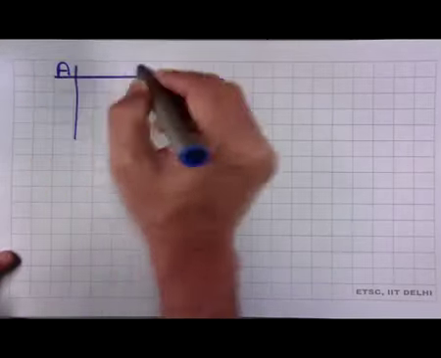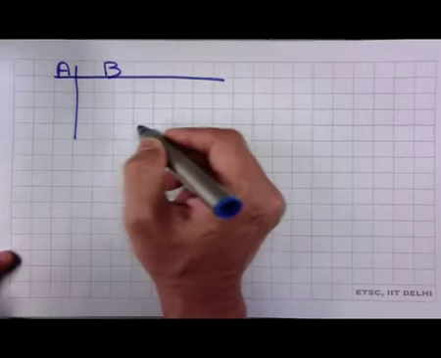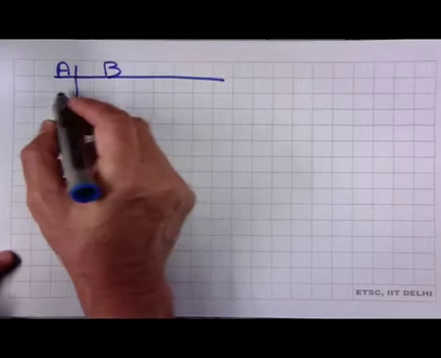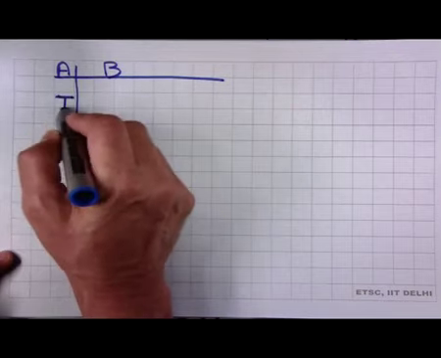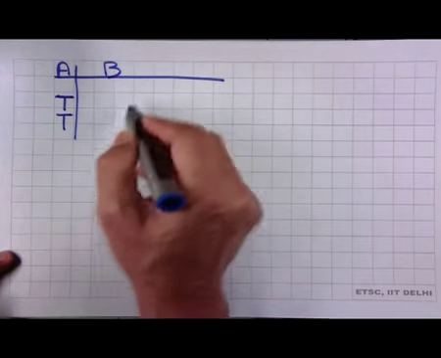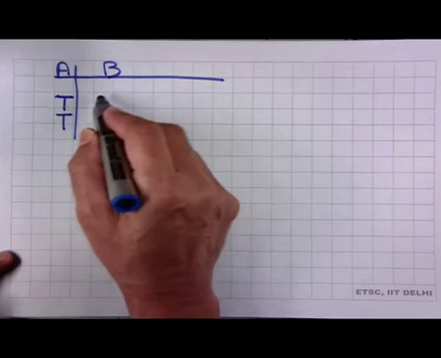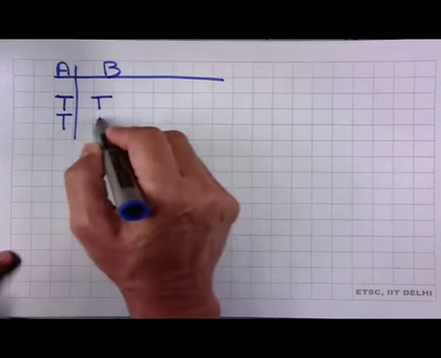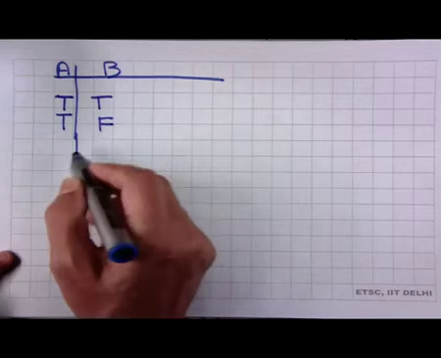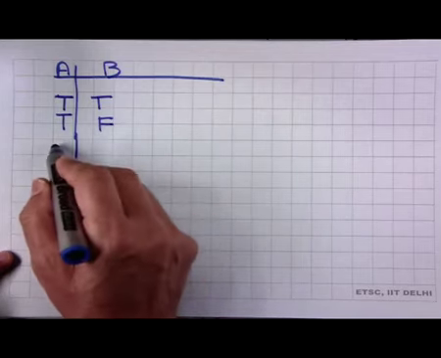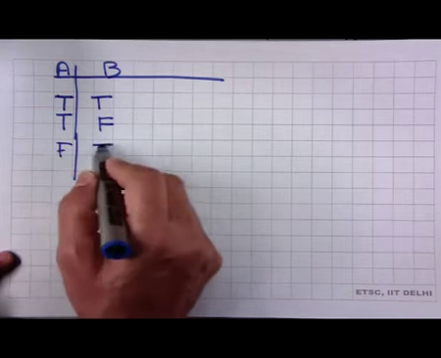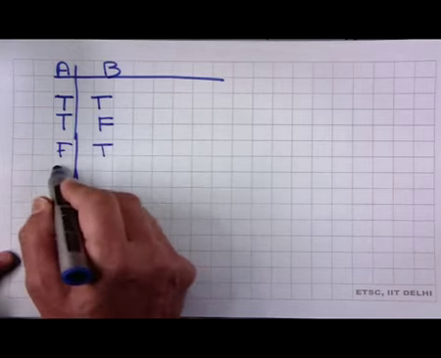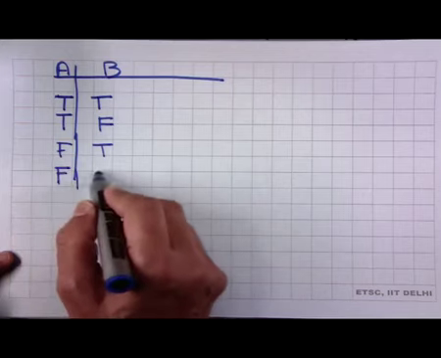Suppose A and B. A can take values true, corresponding to that B can take values true or false. Similarly, we can have A and B as false and true, and A and B can be false and false.